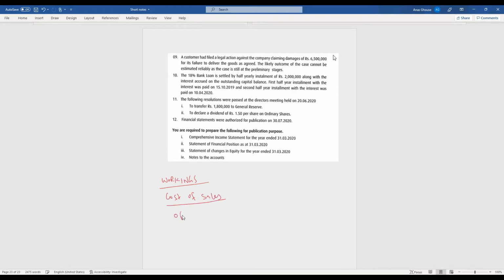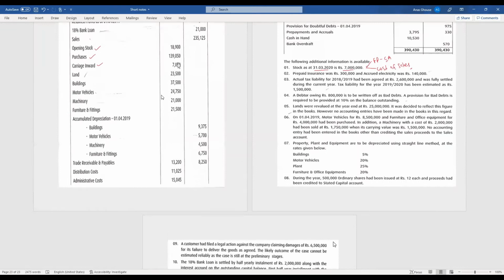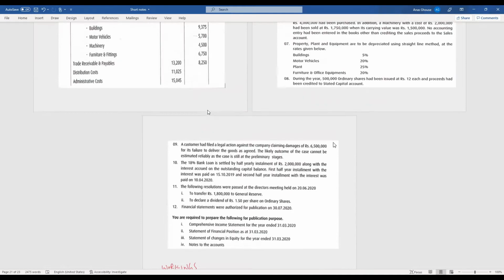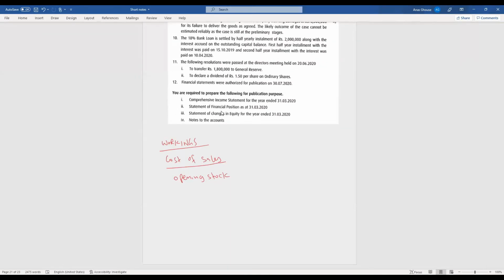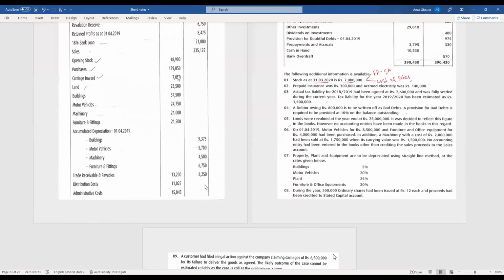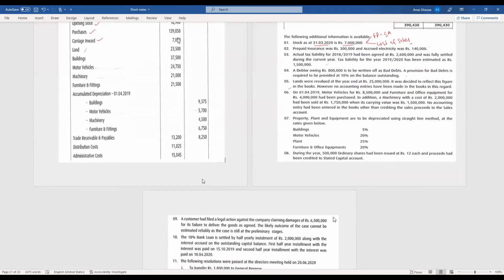Let's take the opening stock: 18,900. Then you need to add purchases, given as 139,050.